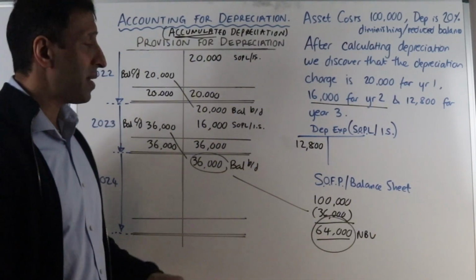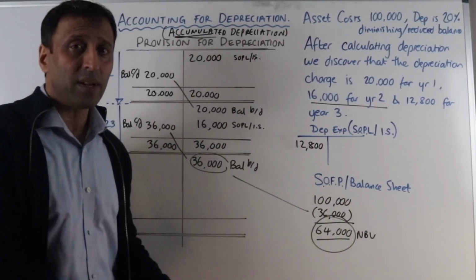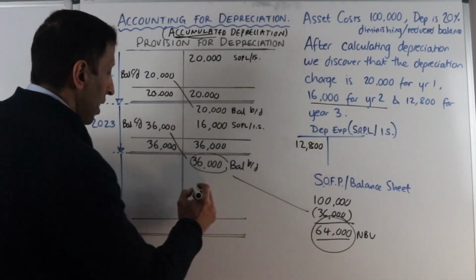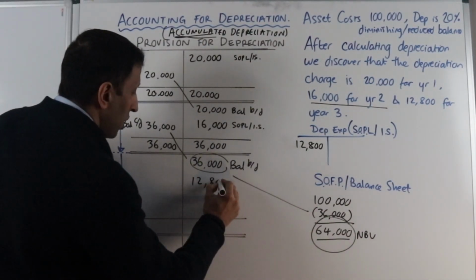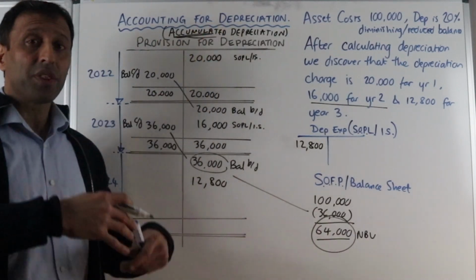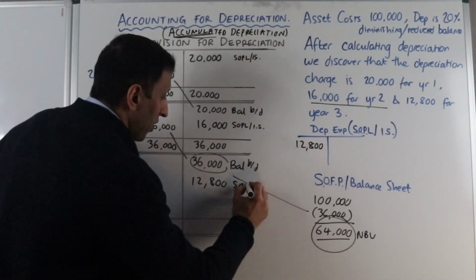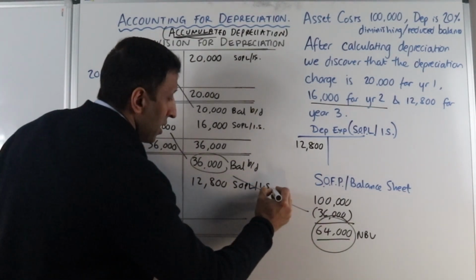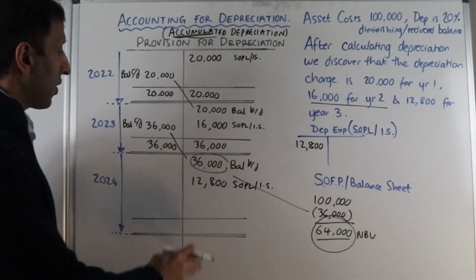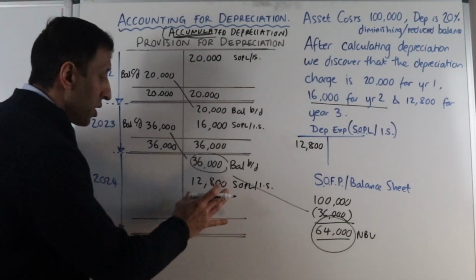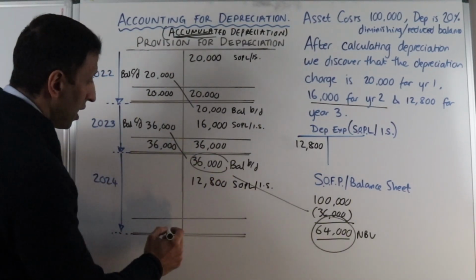So it goes into the expense account, so we debit this account and we credit this account to accumulate further again the depreciation. So this is this year's statement of profit and loss or income statement charge for the year. That adds to the brought down or total depreciation so far, and including year 3, we can total this up.